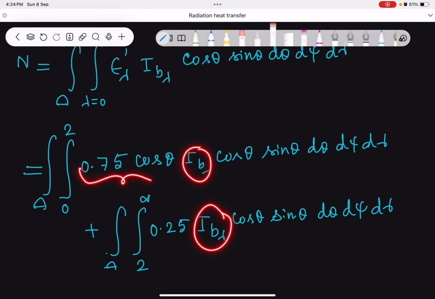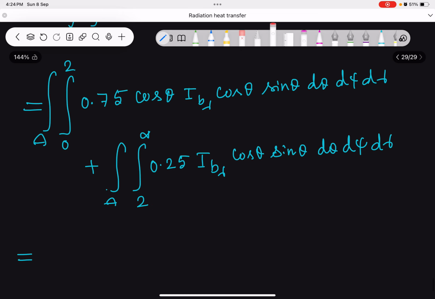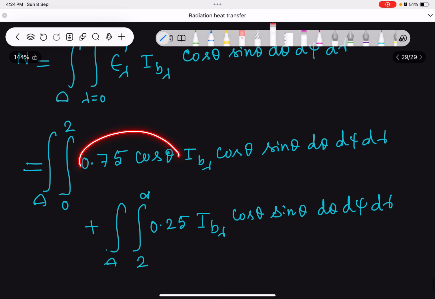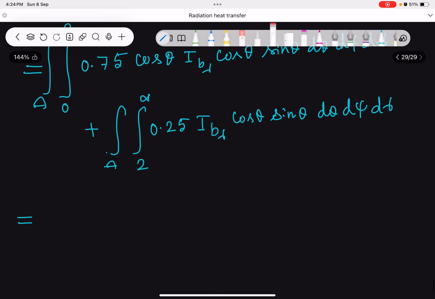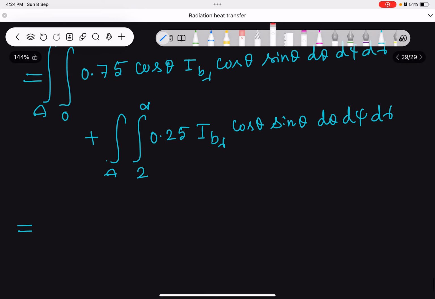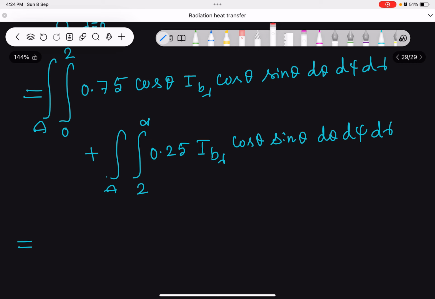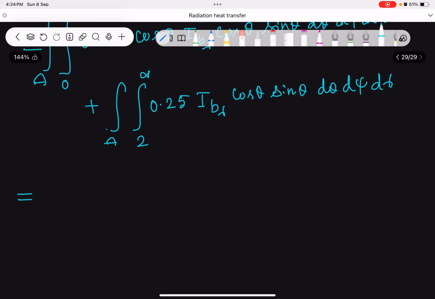I have written the explicit expressions of epsilon lambda dash, so I don't have to worry about that. That is not a function of lambda, and this is also not a function of lambda. So now I can write it like this.